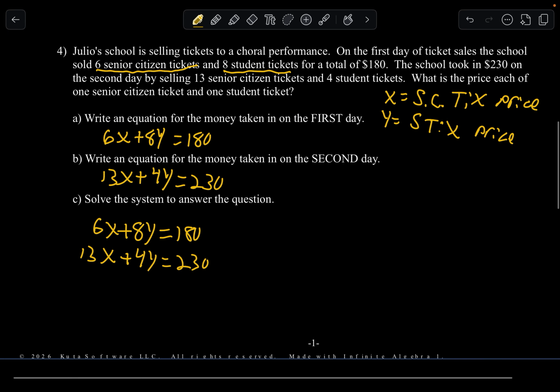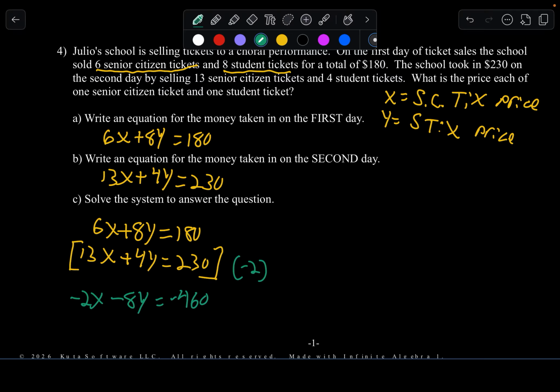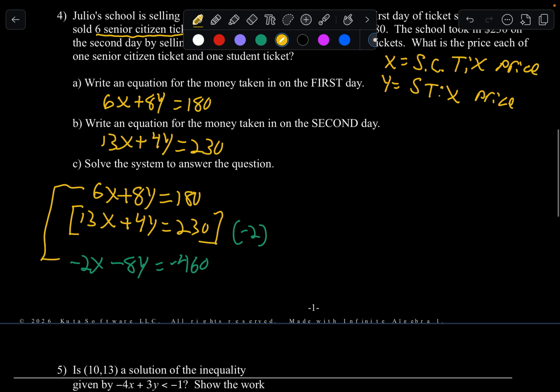So I'm going to multiply this bottom equation by negative 2, because positive 4y should turn into a negative 8y. So when we add them, the y's go bye-bye. So we got negative 26x minus 8y equals negative 460. So now we just add these two equations together and the y's kill each other.